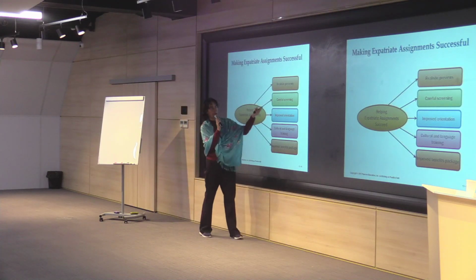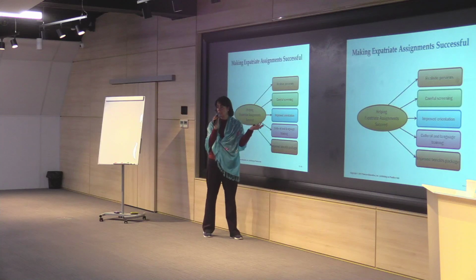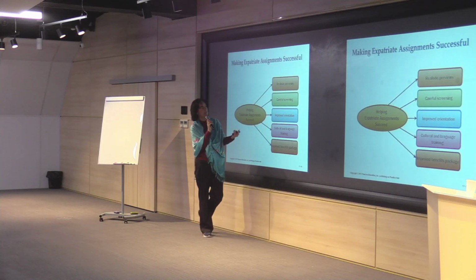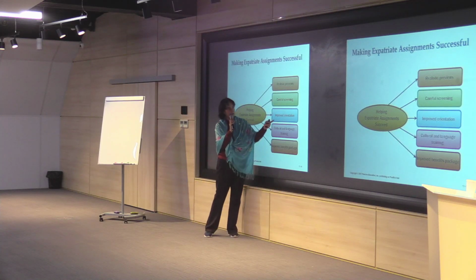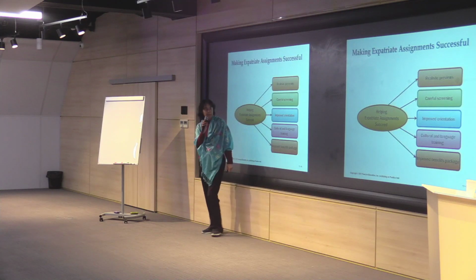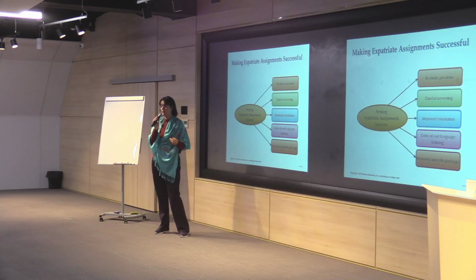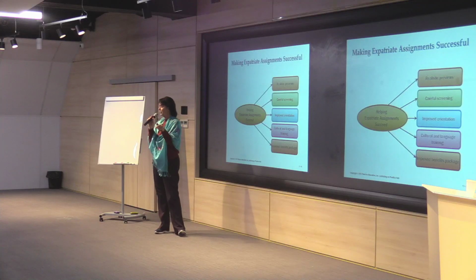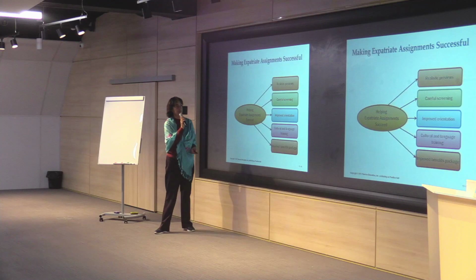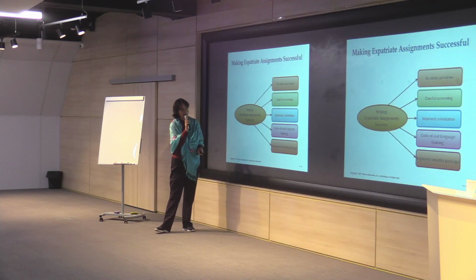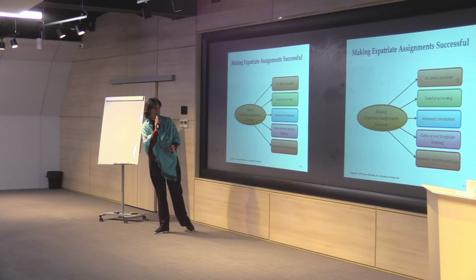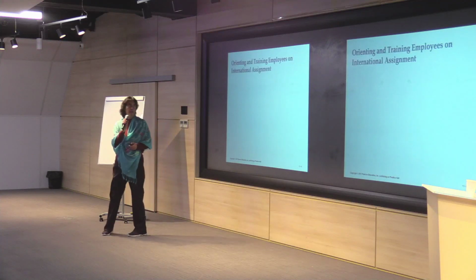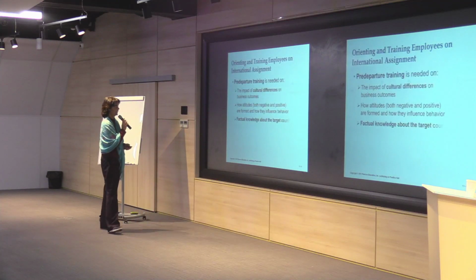Then there has to be careful screening in order to be sure that you're selecting the right and most appropriate individual. Improve orientation. When you are already deciding who you're going to send, now you have to actually educate and train them. Cultural and language training, and finally improve benefits packages. Now let's see how each of those looks.